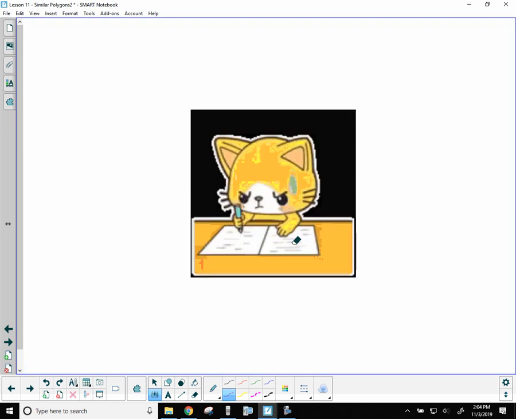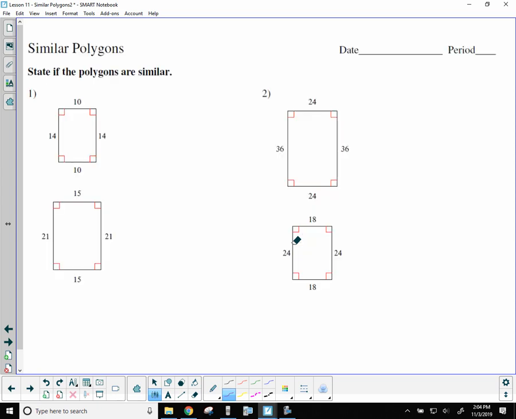Similar polygons. State the polygons are similar. Here we're just checking ratios. Obviously, if it's a rectangle, then you don't really need to list all four sides. You can just pick the two obvious ones. So we're going to do 10 over 15, and that should equal 14 over 21.